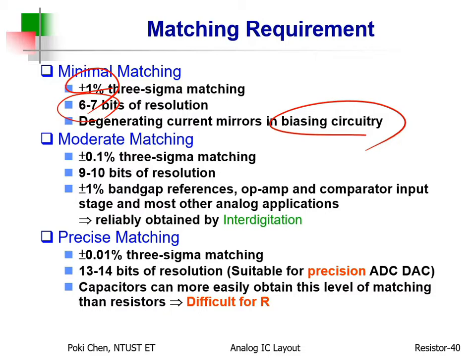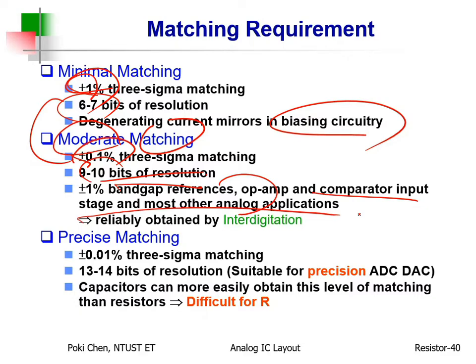For your real circuit, you need at least a moderate matching. You need to enhance the accuracy by 1 order from 1% to plus or minus 0.1%. So it is around 10 bits in accuracy. It is good for your band gap reference, op-amp, comparator, and so on.